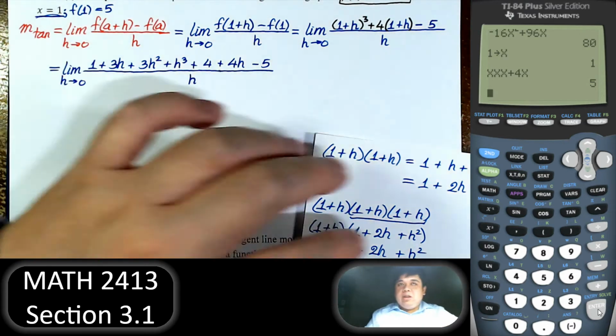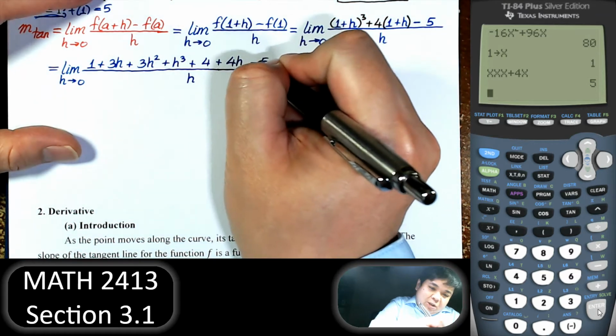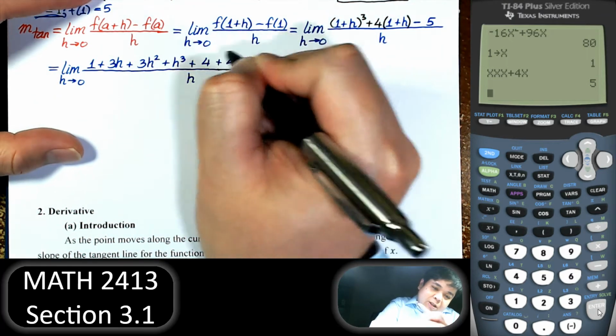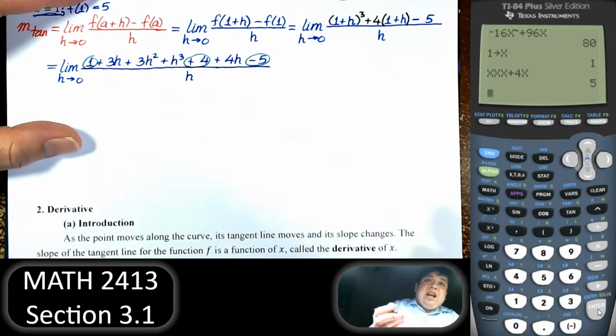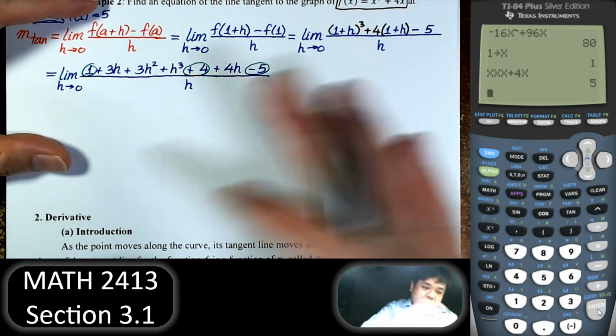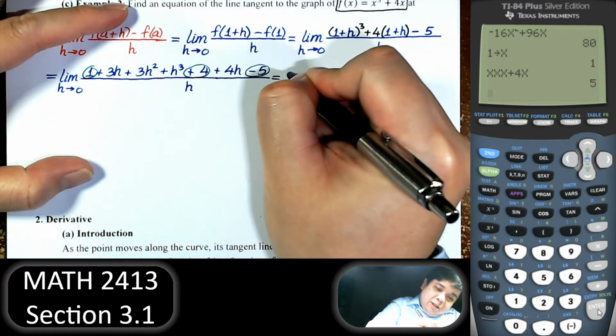Now there's a common thing when we do this. The numbers cancel each other out. So negative 5 plus 4 plus 1, of course, they add up to 0, right? So all the numbers are gone.